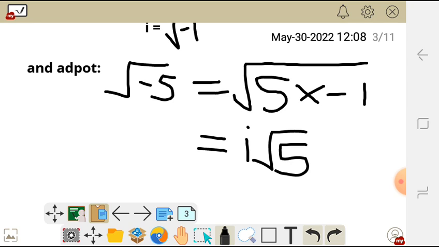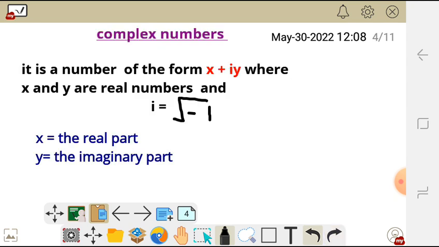So a complex number is a number of the form x plus iy, where x and y are real numbers, and the i there is equal to the square root of -1.